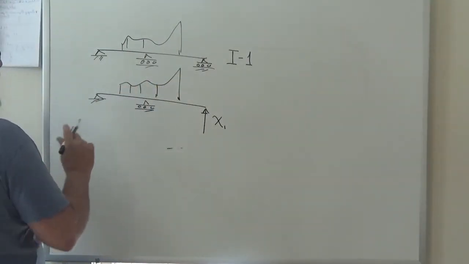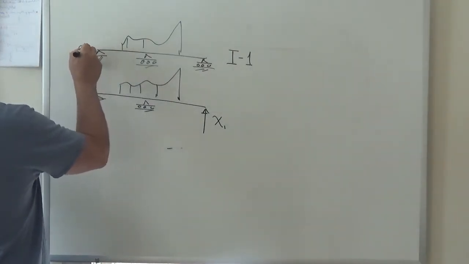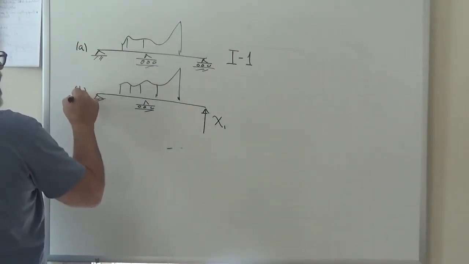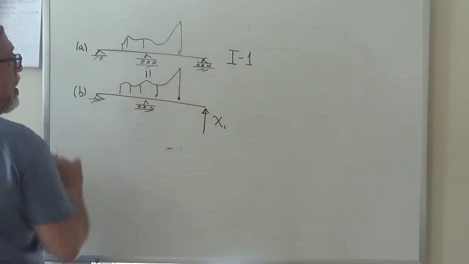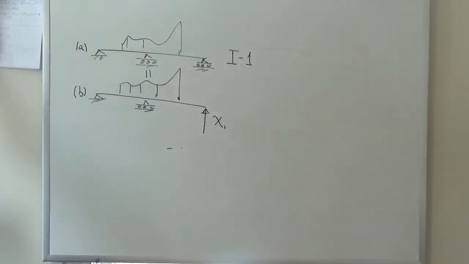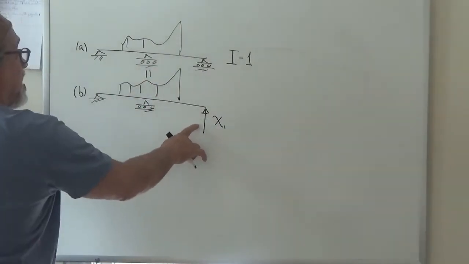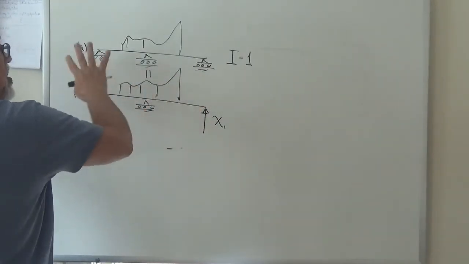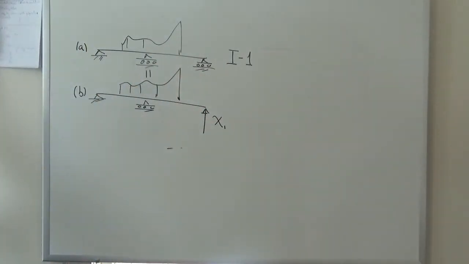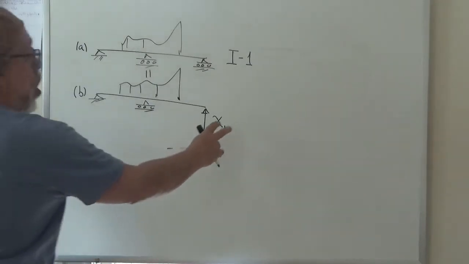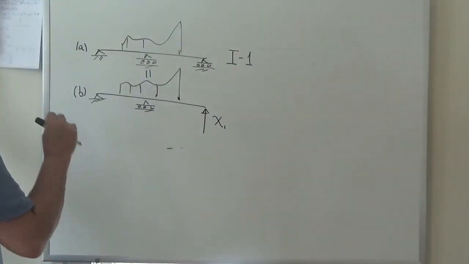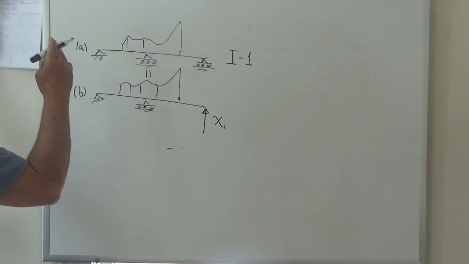You agree that this sketch A and this sketch B are equal to each other for the correct value of x1, right? If x1 has the value of that reaction, then these two sketches are identically the same, right? Of course, we don't know x1, but I'll repeat myself at the risk of being redundant here.